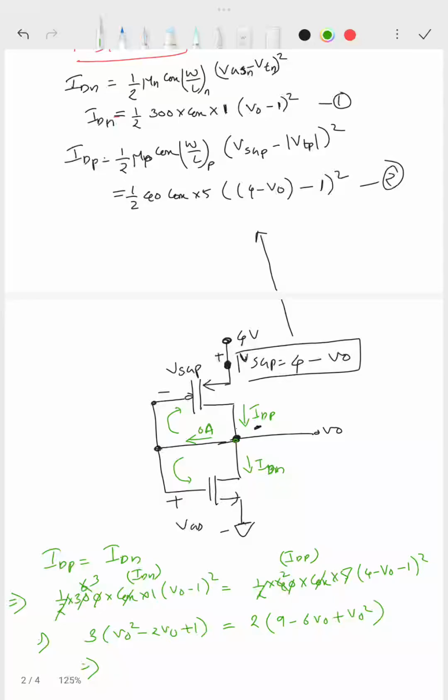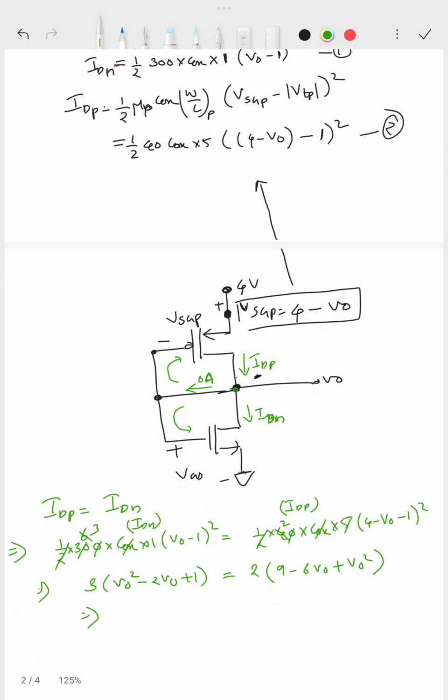So if I rearrange this, I will get something like this: V naught square plus 6 V naught minus 15 equal to 0, right? So 3 V naught square on LHS and 2 V naught square on RHS, so 3 minus 2 is 1.